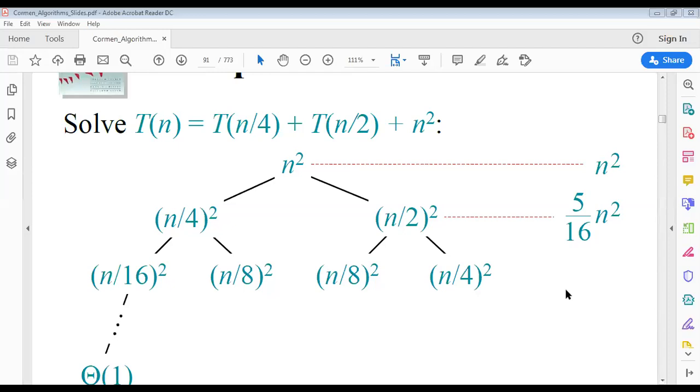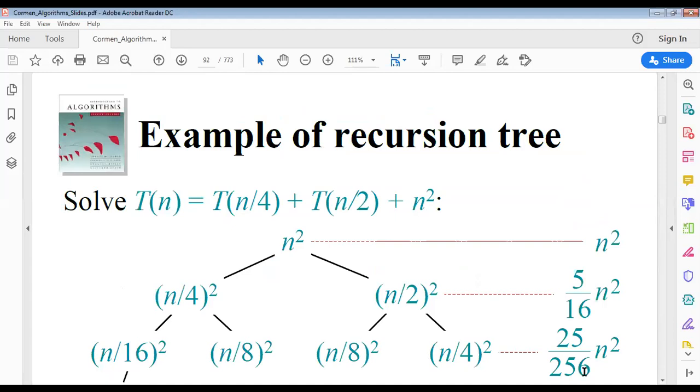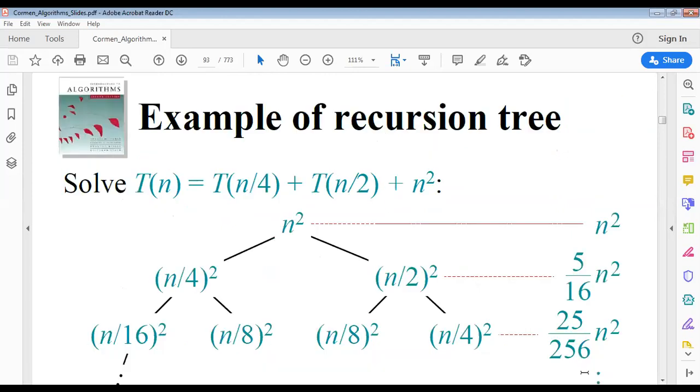At the next level, it should be 25 over 256, and this process will continue till the leaf nodes.